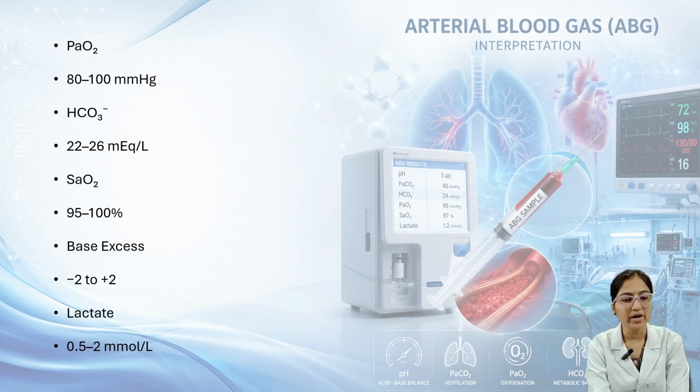And then bicarbonate is 22 to 26 mEq per liter. And then oxygen saturation is 95 to 100%. And then base excess is -2 to +2. And then lactate is 0.5 to 2 mmol per liter.